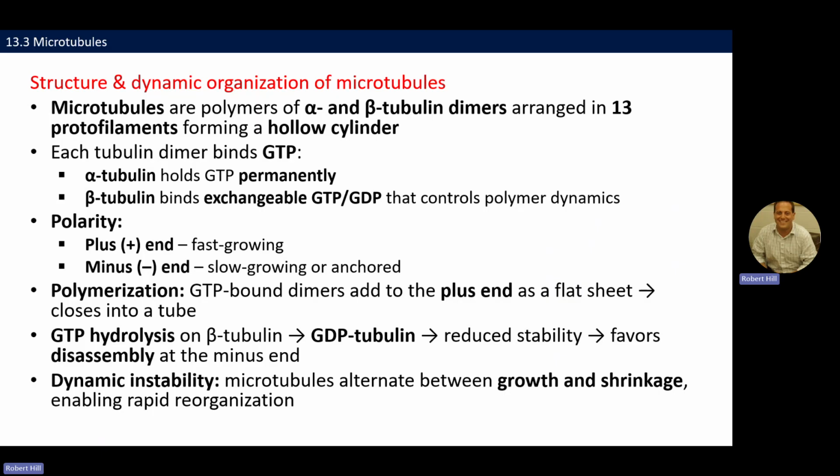So microtubules are cylindrical. Imagine a pipe, like a PVC pipe. That's what they're shaped like. Why would they be shaped like a pipe as opposed to something solid? Well, it's more efficient. It takes less mass to build a circular structure, and it's also practically just as strong.